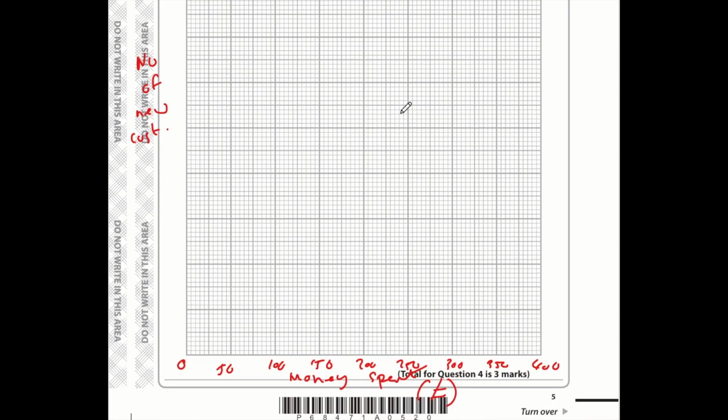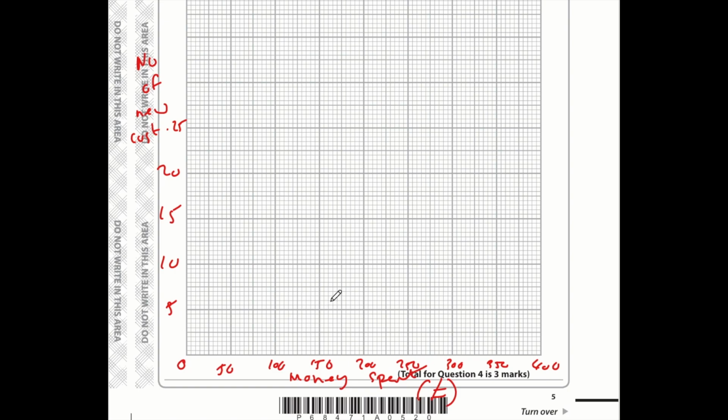It's probably easier just to go up in 5s: 5, 10, 15, 20, 25. Maybe I could have stretched that out a little bit. It's nice to go up in 5s or 10s. I could go up in 10s, 20s, but that would be even worse. We'll just leave it at that.